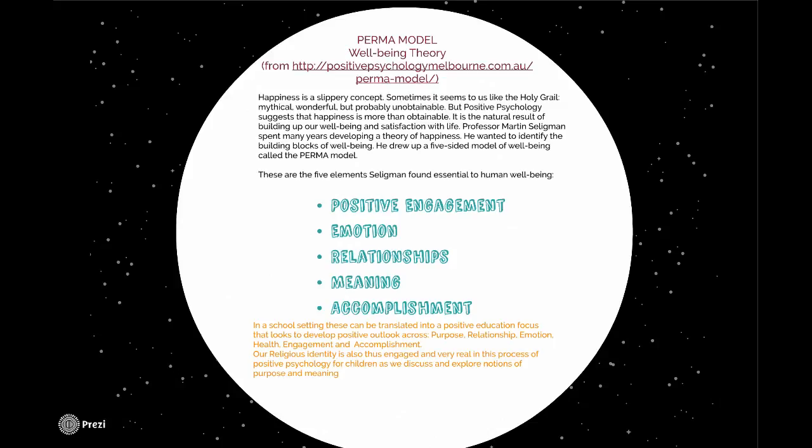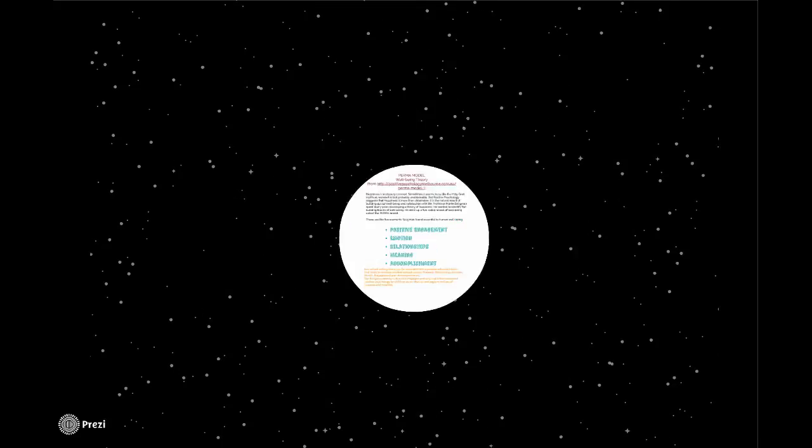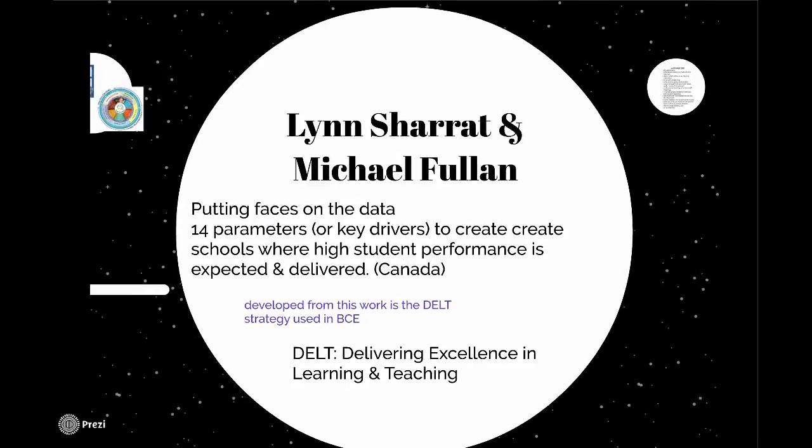So we've gone through John Hattie, Marzano, touched a little bit on Bloom, talked about Carol Dweck, and now looked at Seligman. And finally, it's looking at our BCE perspective, that work of Lynn Sharratt and Michael Fullan about putting faces on the data and about delivering excellence in learning and teaching in every classroom.